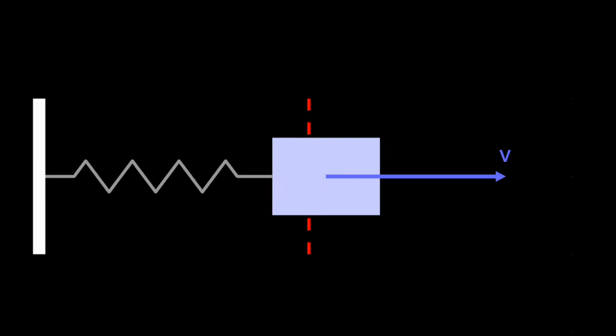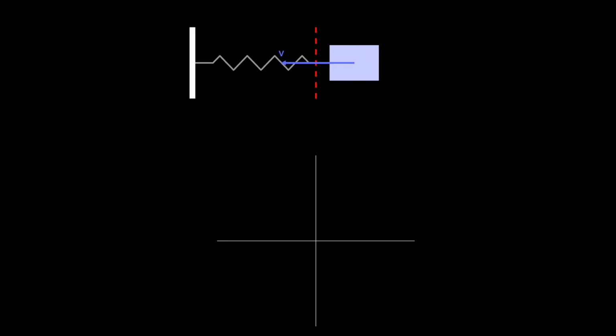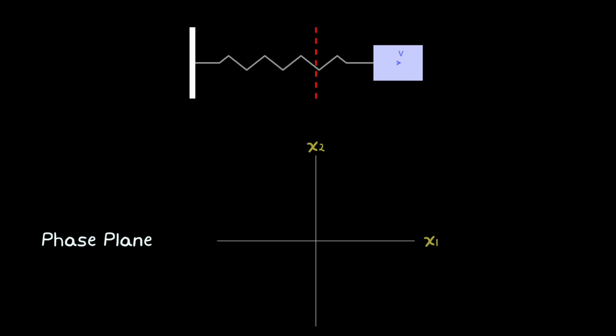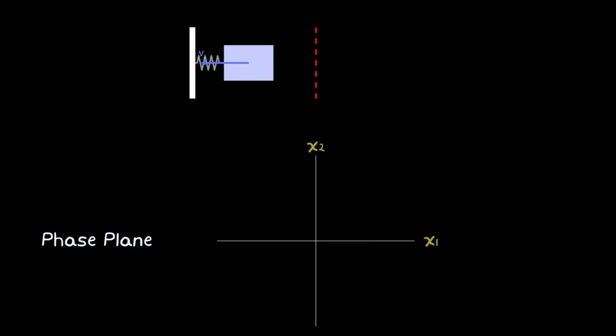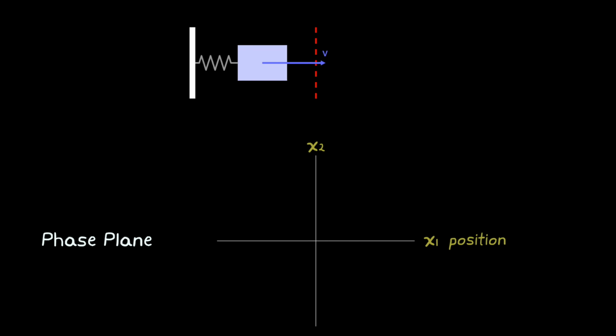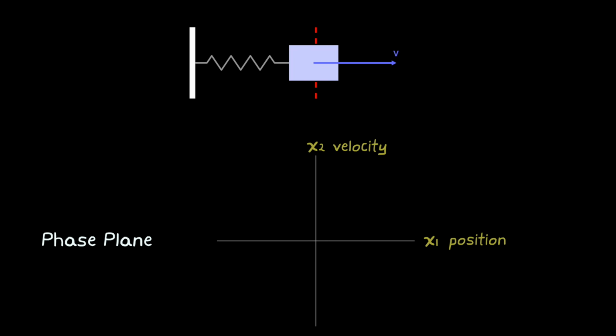When we discuss sliding mode control for second-order systems, like this one, it's helpful to visualize the dynamics with a phase plane diagram. In a phase plane diagram, the 2 states are plotted on 2 orthogonal axes. And for this system, they represent position and velocity. So if I pause the system right here at this moment, the position is 0 and the velocity is some large positive value.